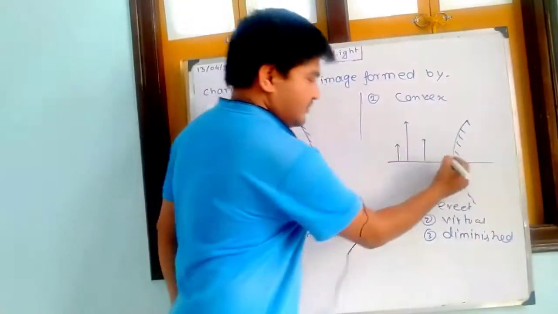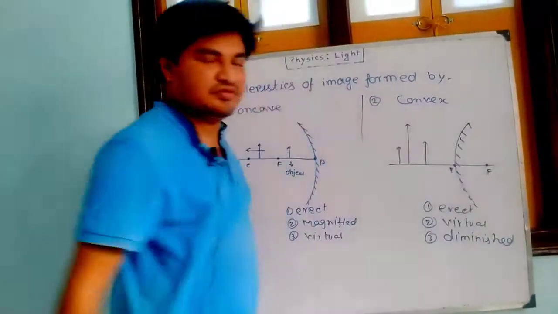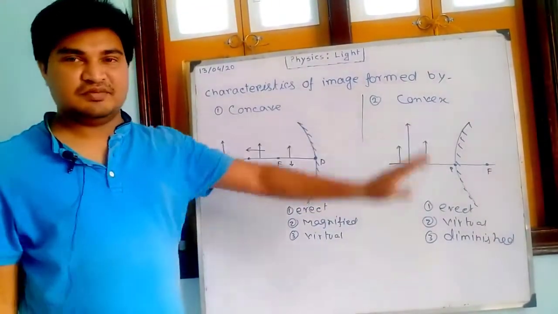Okay, and it will be formed, this is the pole and suppose this is the focus, between pole and focus in case of a convex mirror.